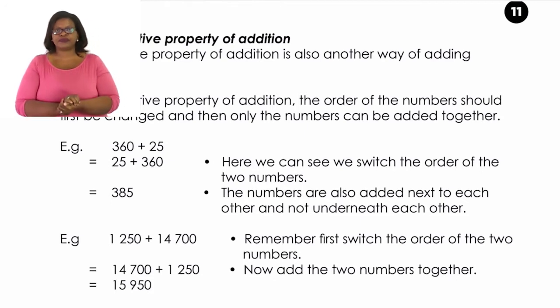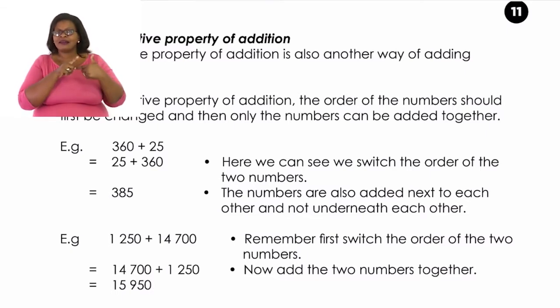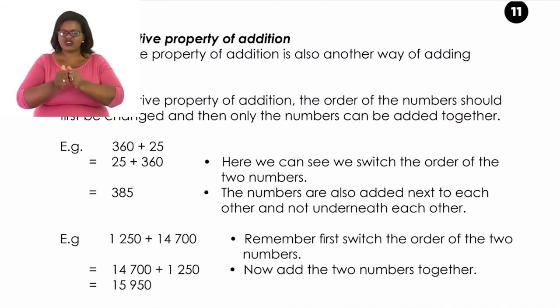In the commutative property of addition, the order of the numbers should be changed first, and then only the numbers are added together. Let's read that sentence again. In the commutative property of addition, the order of the numbers should be first changed, and then only the numbers can be added together. Now let's go to an example.